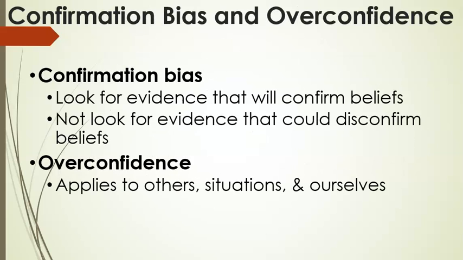Now, when doing problem solving and using these heuristics, you of course have to talk about confirmation bias and overconfidence. So confirmation bias is where you look for evidence that will confirm your beliefs and not look for evidence that could disconfirm your beliefs.